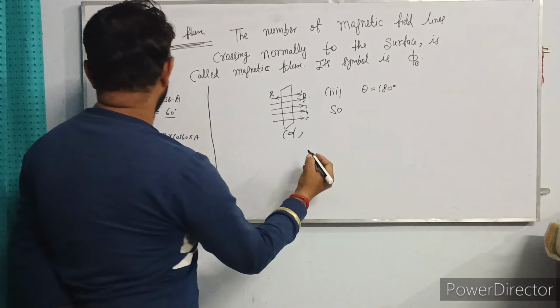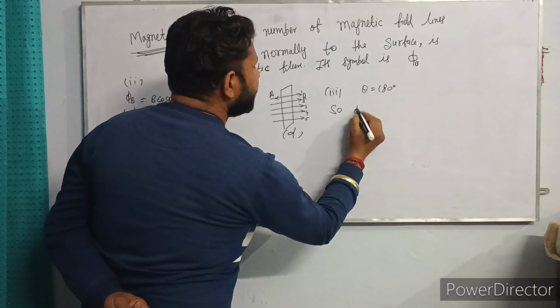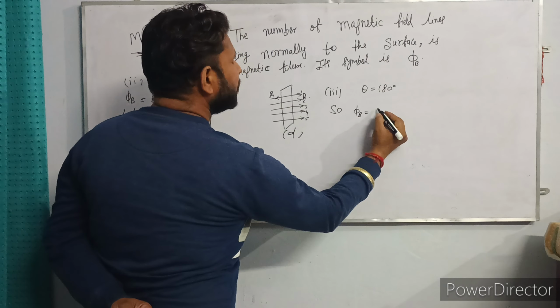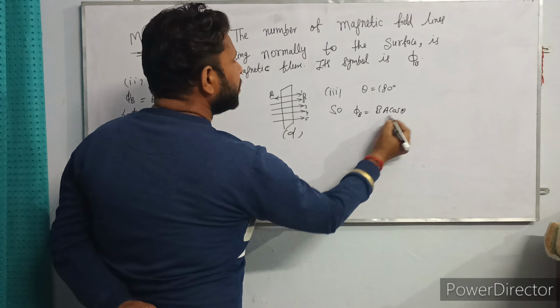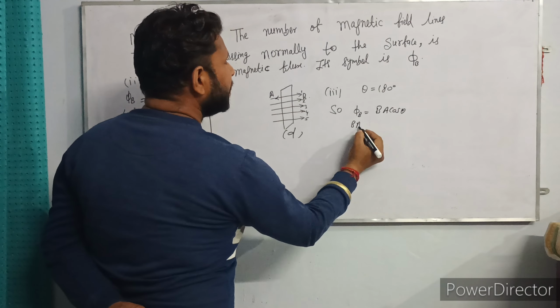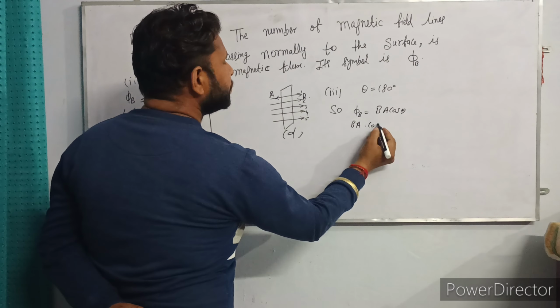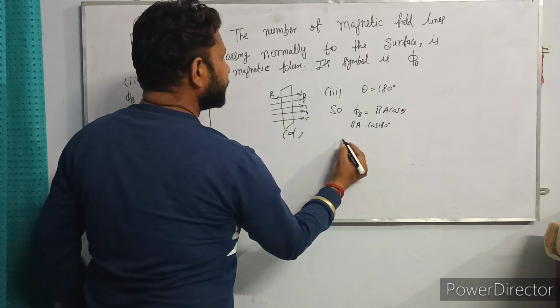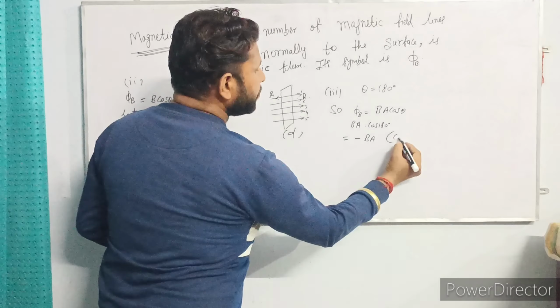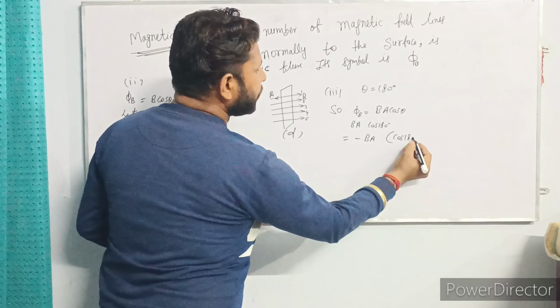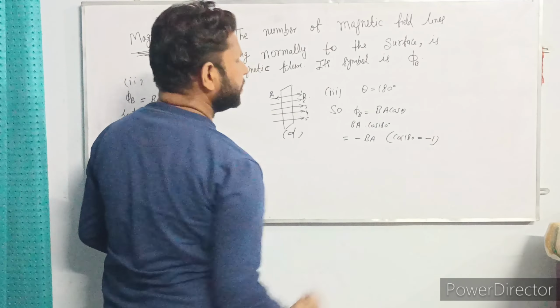So magnetic flux equals BA cos theta. Put the value: BA cos 180 equals minus BA. Cos 180 equals minus 1.